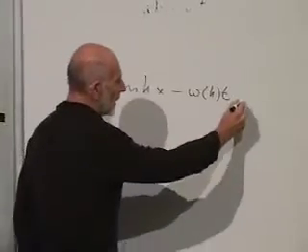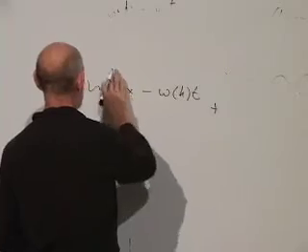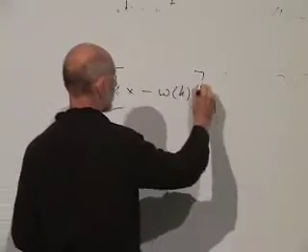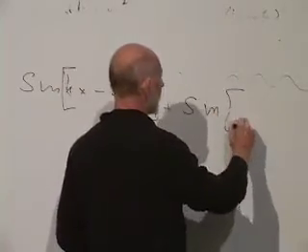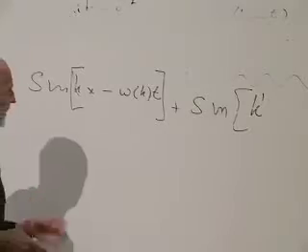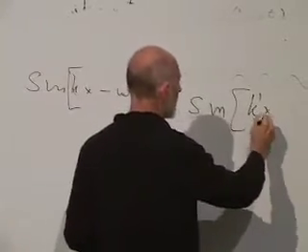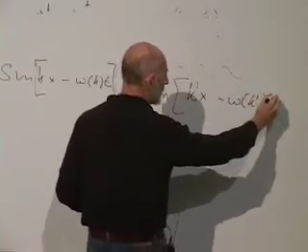And let's add to it another wave, putting parentheses around this, sine of k prime x minus omega of k prime times t, where k prime and k are very close to each other.